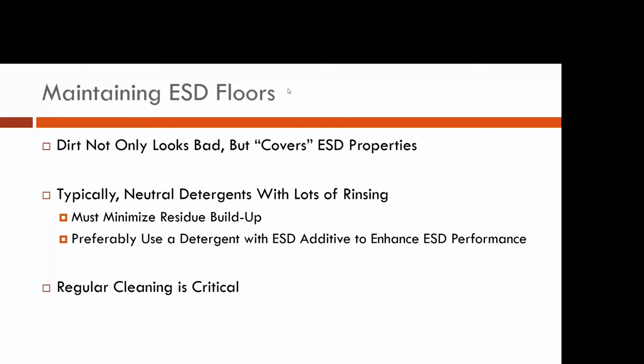So regularly cleaned floors, well-maintained floors, you can avoid this problem very easily. Some ESD floors you can clean with just regular water. Again, we always recommend cleaning with an ESD additive so that you can avoid any type of issue where a cleaning crew may leave a microfine layer of residue of non-ESD material on your floor, and that's just as bad as a dirt buildup on it.